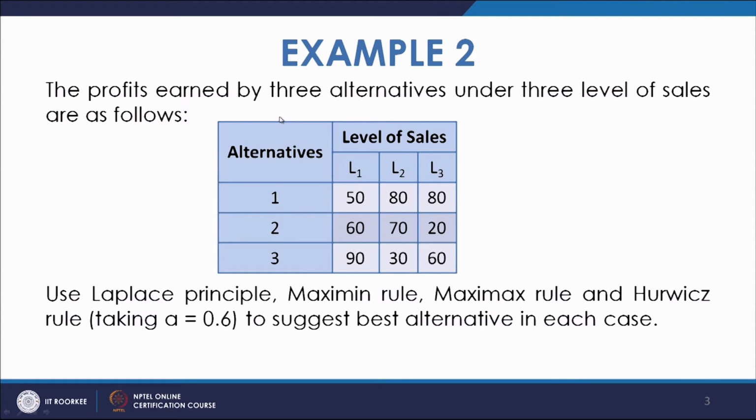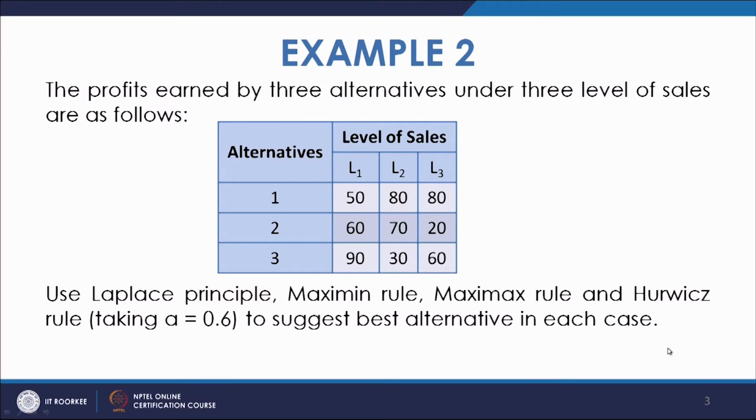The probabilities are not given in this case, and you have to use the Laplace principle, Maximin, Maximax rule and Hurwitz rule, and suggest the best alternative in each case. So, we will use these different rules to come to a conclusion about which of the alternatives is better in this case. So, let us start with the Laplace rule.